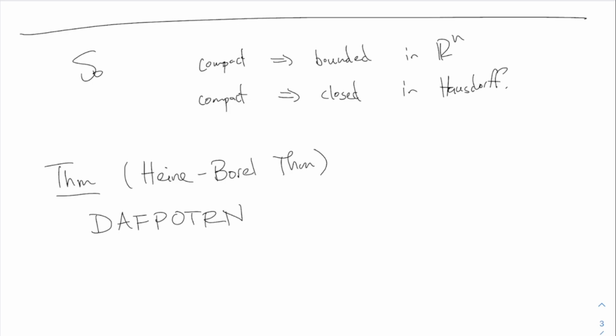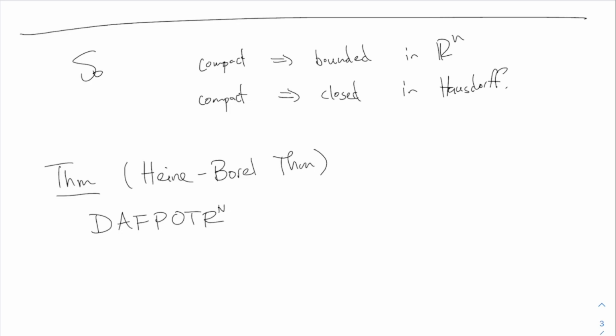I don't know where she came up with this. She always said the Heine-Borel theorem is a deep and fundamental property of the real numbers. You know, she taught the real analysis class for a long time, so that's how she described it. I'm going to change this. How about that, huh? Deep and fundamental property of the Rn.